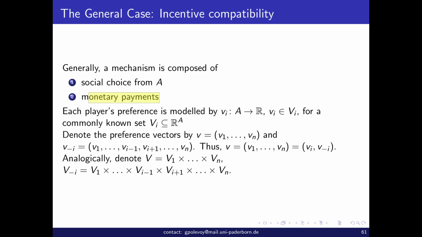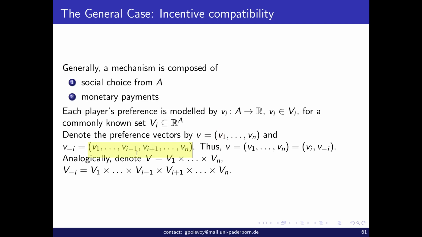So each player's preference is modeled by some value function from the set of options. Options can be very, very general, not only like who gets a certain item, but many, many possibilities, infinitely many things you can model with that. So there is a commonly known set of those value functions, and we denote just something about the notation. As usual, the preference vectors of the players, each one of the elements of this vector is a function, v1 till vn, and the minus i is simply the vector of preferences of all the others.